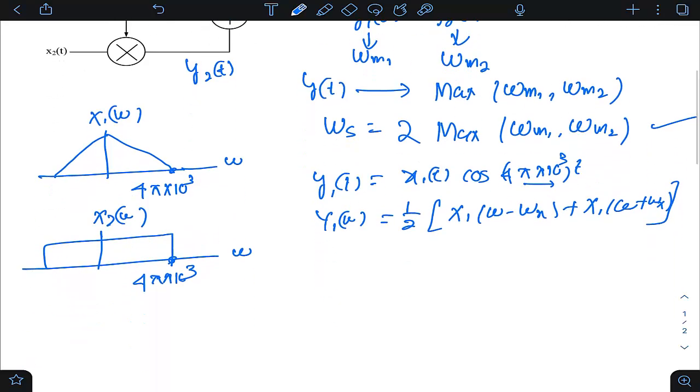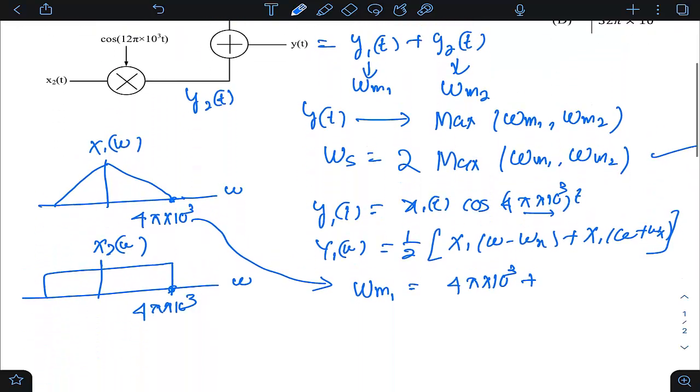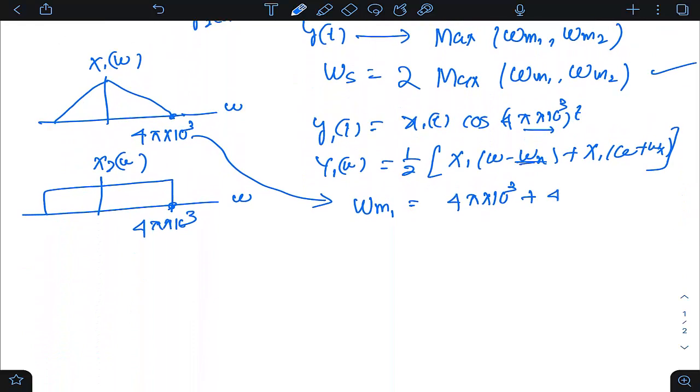Naturally, if I ask you the maximum frequency of Y1(omega), you will be adding this omega x. So omega m1 happens to be 4 pi into 10 raised to power 3 plus this, where omega x is 4 pi into 10 raised to power 3.